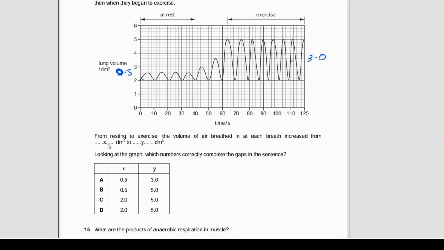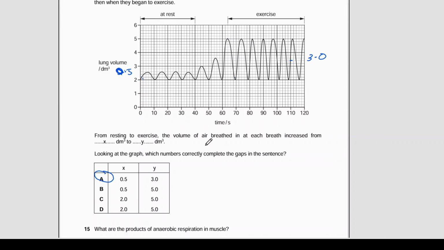So answer is A. Have you got the answer why it's happening? We are starting from 2, right? So we're taking the difference.